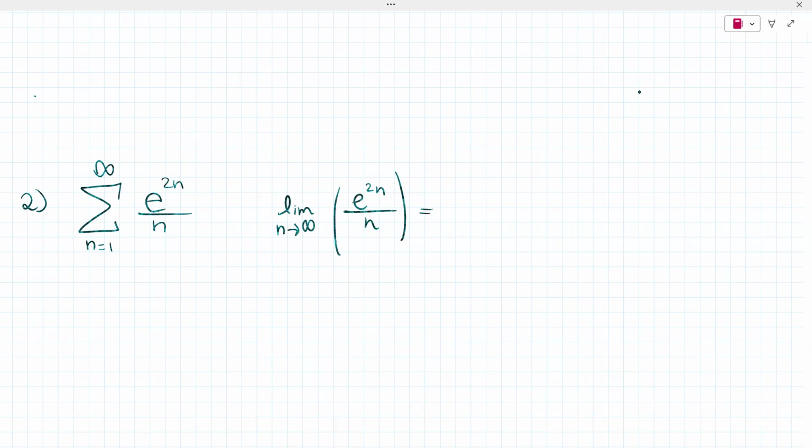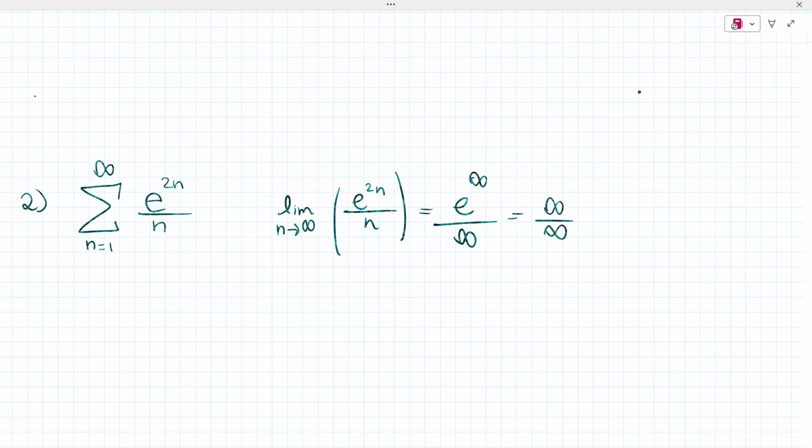So go ahead and plug in infinity for n. 2 times infinity is infinity, so it's e to the infinity over infinity. And you get an indeterminate form, infinity over infinity.